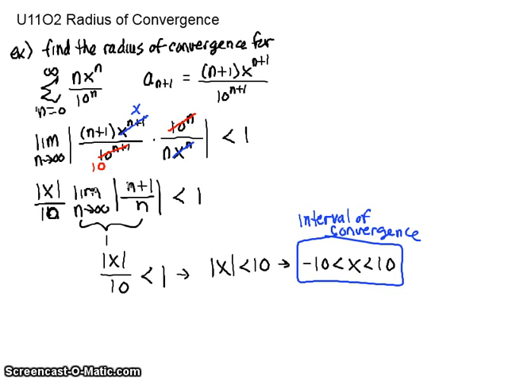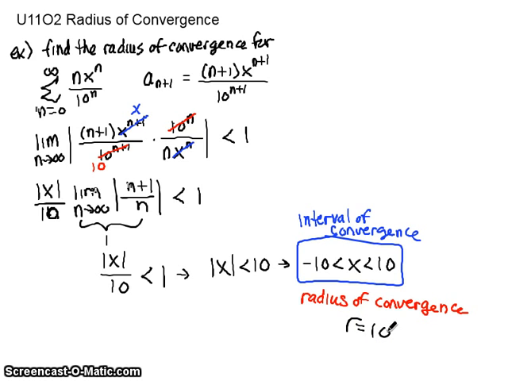Our radius is going to be half the distance between the endpoints. From negative 10 to 10 is a distance of 20, so our radius of convergence is going to be 10. So the radius is going to be 10.